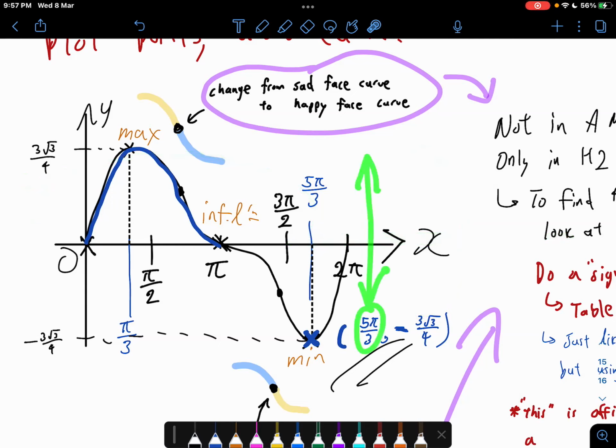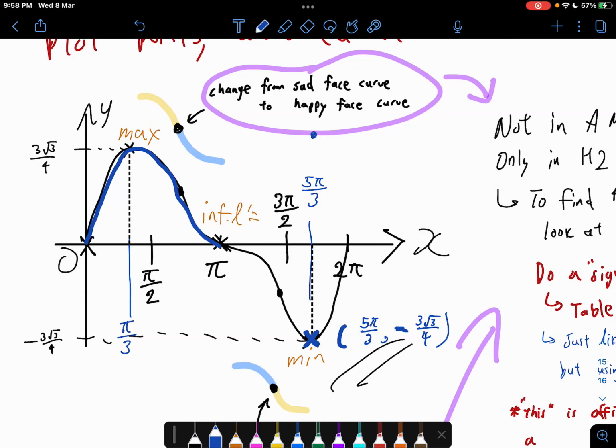What stays the same? x stays the same. y changes. In particular, how? Times negative 1. Exactly. Good.